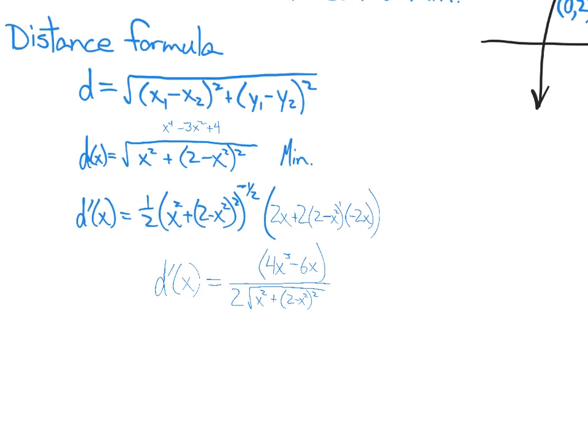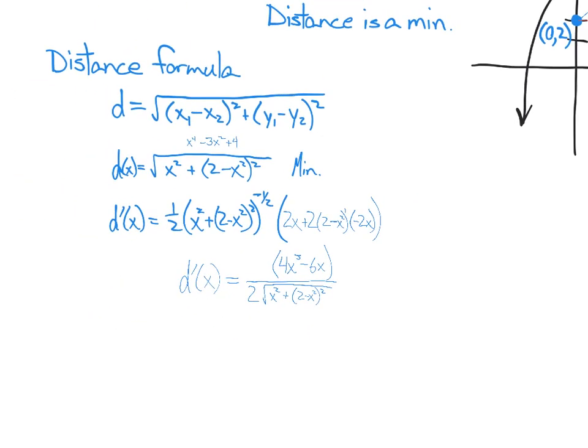So we found the distance formula. We took the derivative. And now we want to set this equal to 0. This is going to equal 0 when the numerator is 0. The denominator is never going to be undefined, because if I have something squared plus something squared, I'll always have a positive.